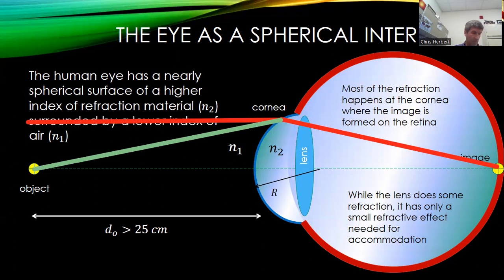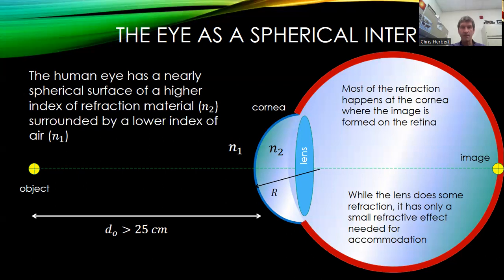So again, we'll get that image converging on the retina. We can only form an image that we can see when the image is projected onto the retina of the eye.